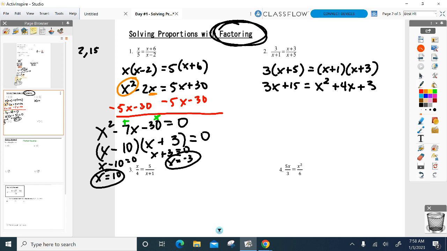Look good? Okay, now you want to get one side equal to 0, but make a good decision here. You see how your x squared is already positive? Leave it positive. Don't make it negative because I'm not too sure how to factor that when it's negative. All right, so if your x squared is positive, keep it positive. So I would prefer you move the 3x and the 15 over. Subtract it over to the other side.